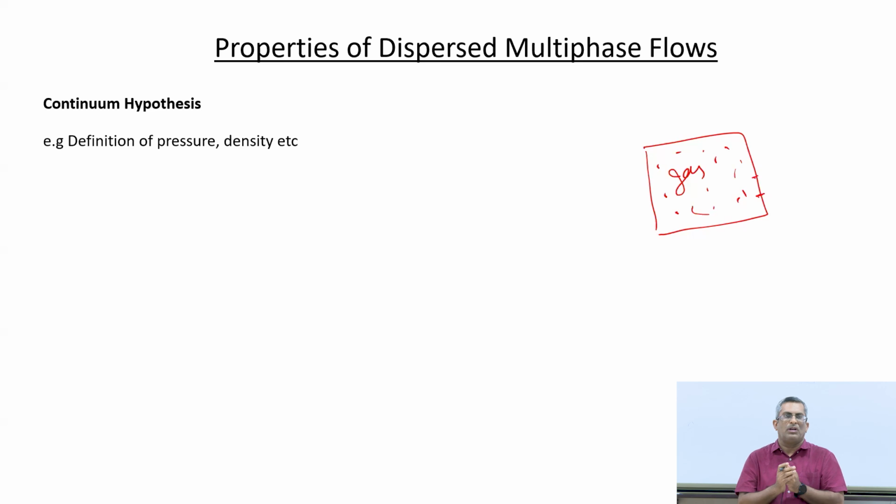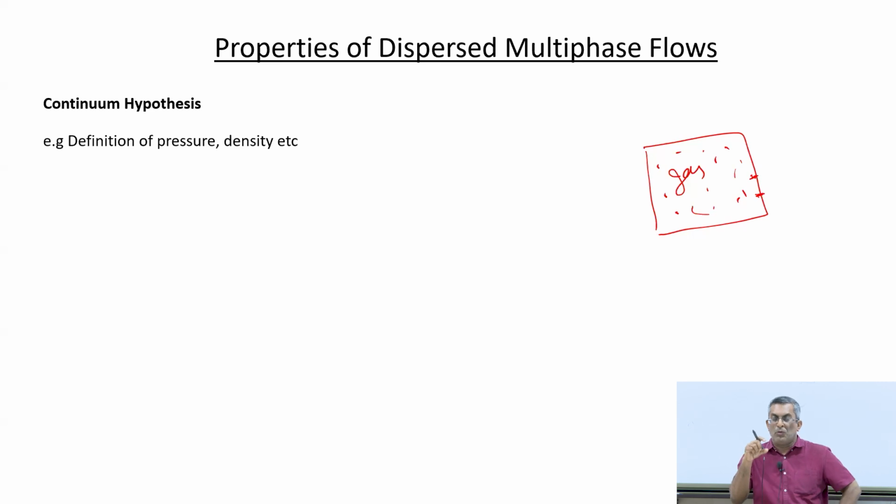Now you consider any one time instant and see how many molecules are colliding with the wall. Let's say you make a note of that. Then you consider another time instant at the same location. Do you expect the number of gas molecules colliding with the wall to be the same at different time instants? The answer is no.